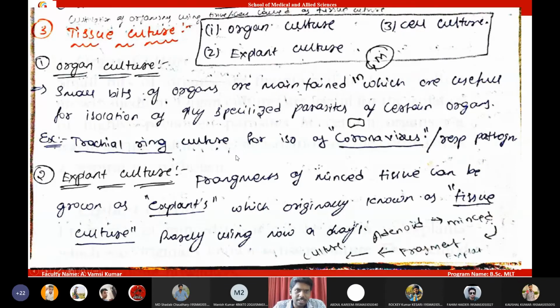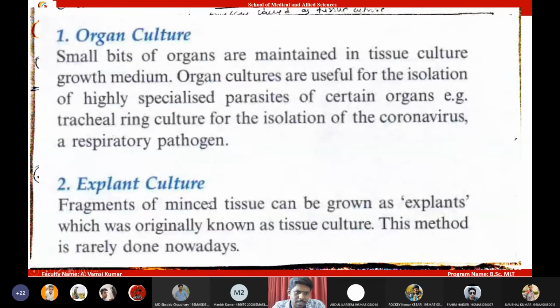So fragments of minced tissue can be grown as explants, which was originally known as a tissue culture. Nowadays we are not doing explant cultures because the lifespan of an explant culture is not more than 10 or 12 days. Because of its short lifespan, we have ignored this approach.